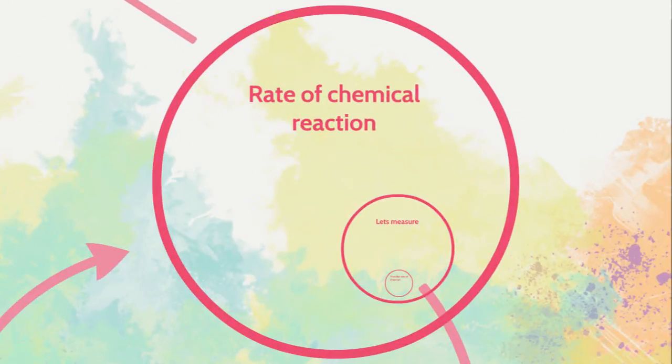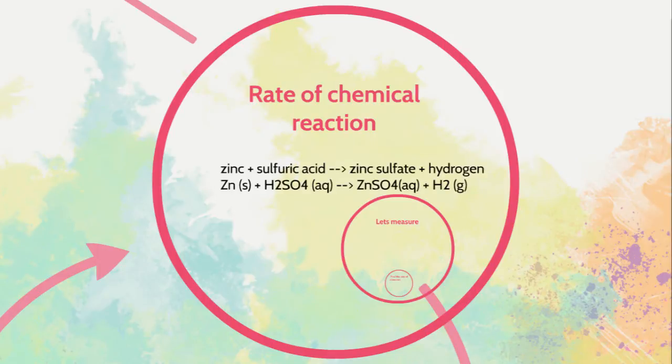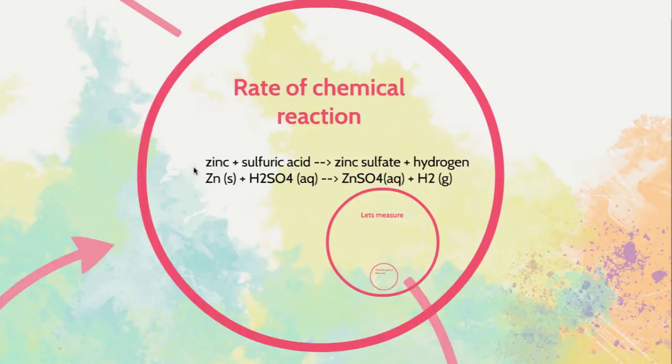So here we have the rate of a chemical reaction. Specifically, zinc reacts with sulfuric acid and produces zinc sulfate and hydrogen. Here, zinc and sulfuric acid are our reactants, and the zinc sulfate and hydrogen are our products.